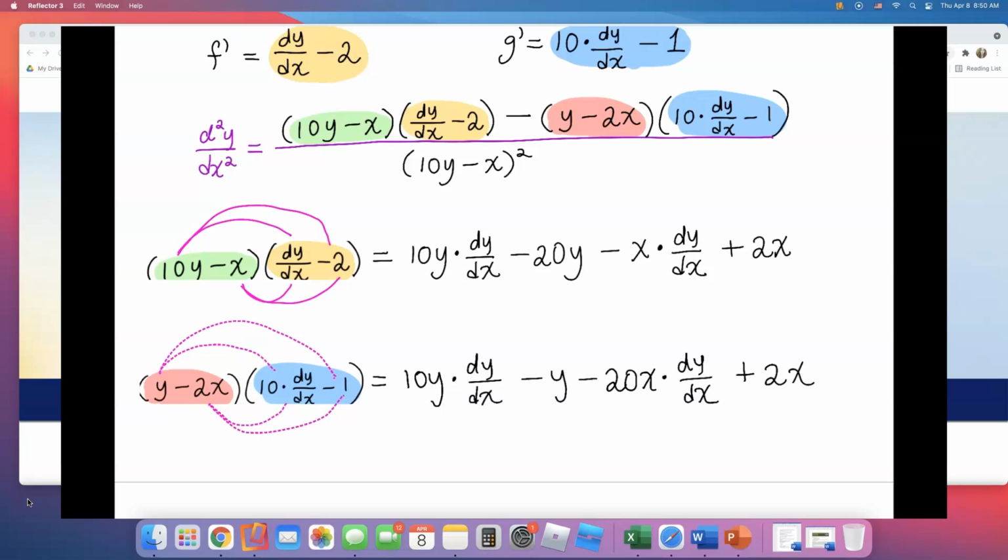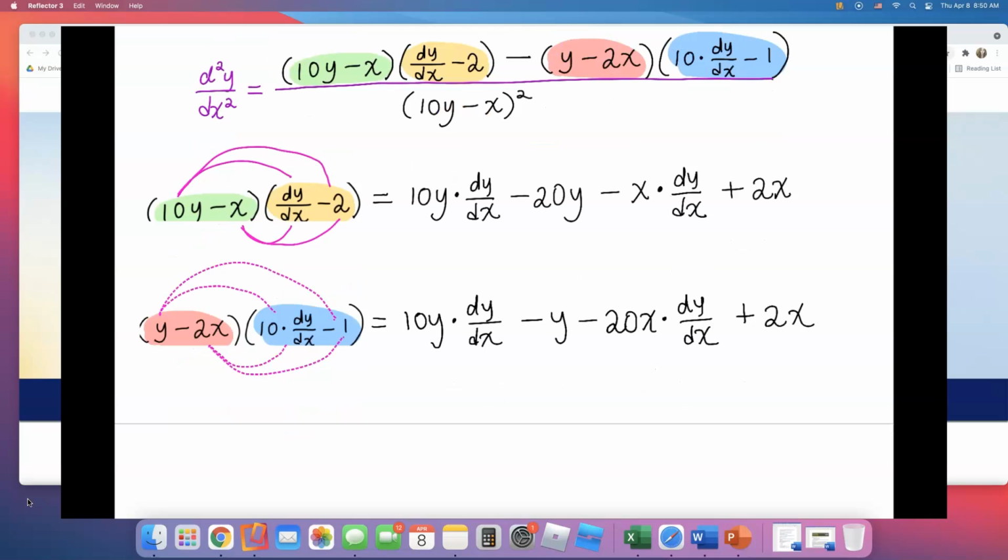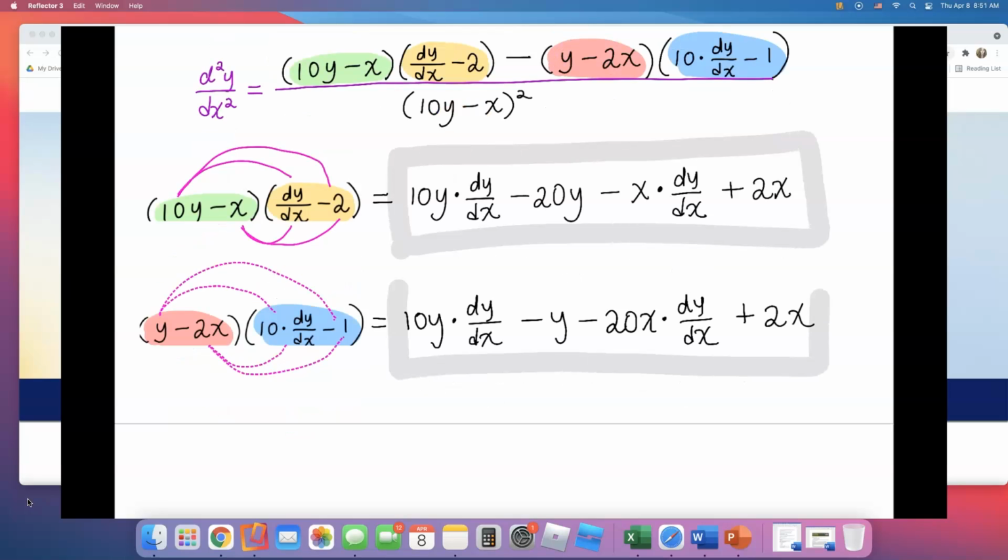Now, remember what we are doing for the numerator. We are subtracting this. Green times yellow. We're subtracting that by red times blue, right? So we're subtracting these. I'm subtracting this line minus this line. I'm subtracting these two grayed boxes, okay?